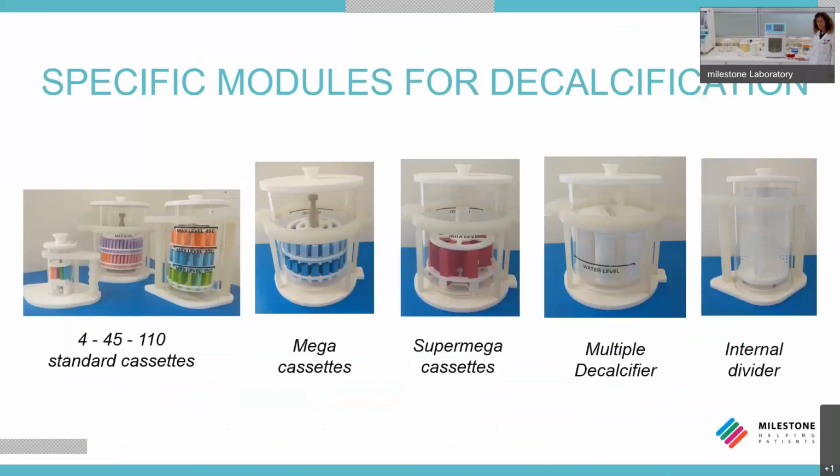Here you can see the specific modules that we have to run in the decalcification process. The same modules you have just seen for the fixation application, so from 4 cassettes up to 100 standard cassettes, plus there are modules for mega cassettes and super mega cassettes.